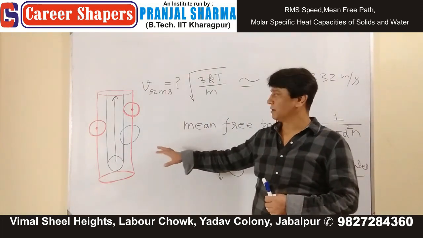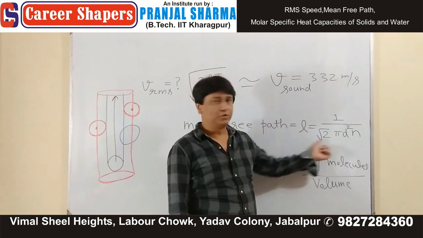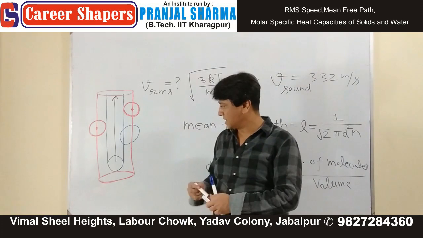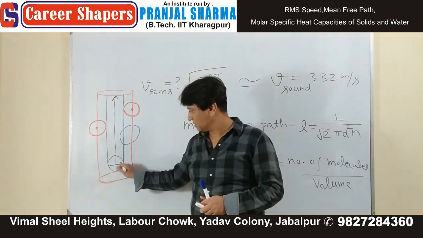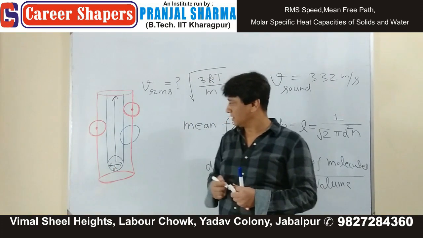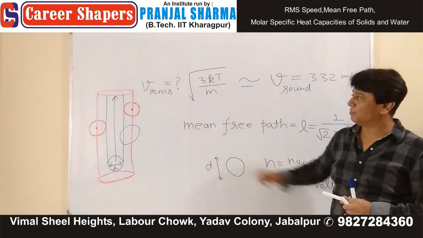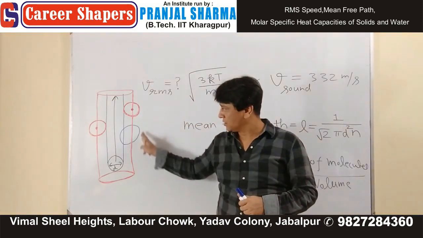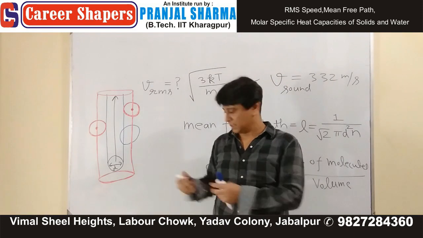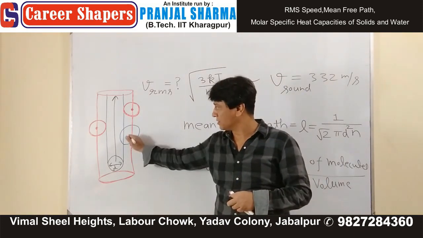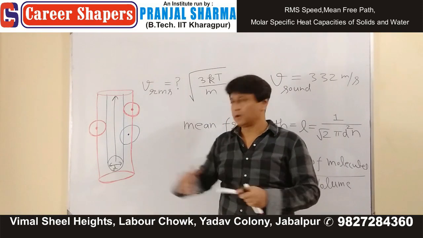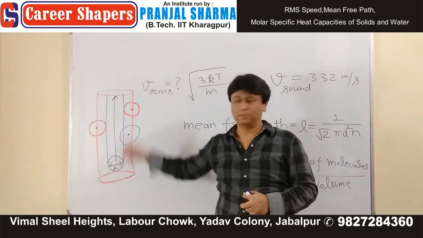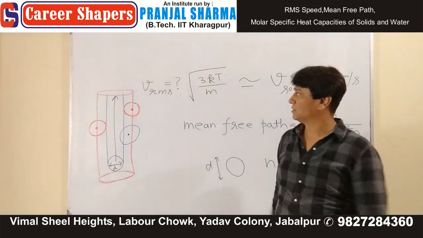Just for your understanding, mostly it's a formula which you need to remember. d is the diameter of the molecule. You can draw this figure. The blue one is such that its center is over here. You can draw several others. As long as you have the center inside these two, this will definitely interact.